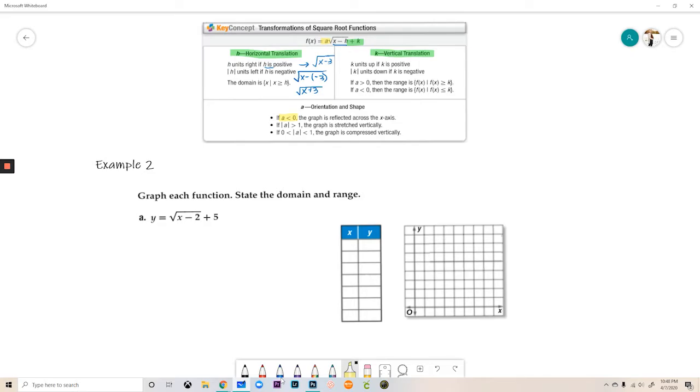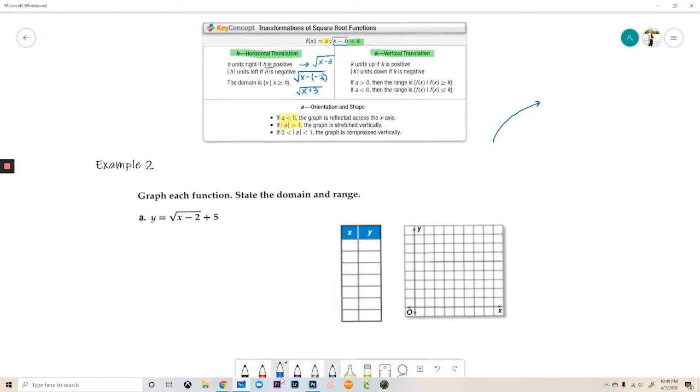If the absolute value is greater than 1, so the absolute value of negative 2 is greater than 1, it's going to stretch it vertically, which means it's going to be a lot steeper. Which kind of makes sense, because if you're multiplying by something, it's going to go higher faster.